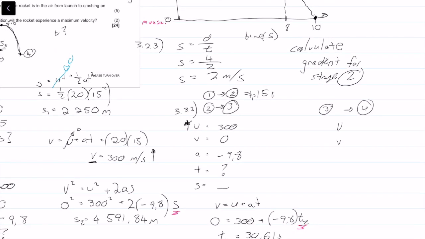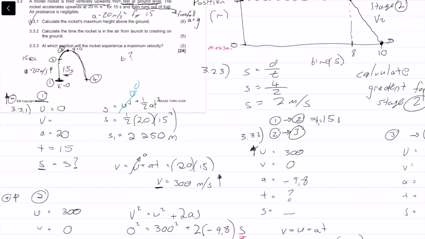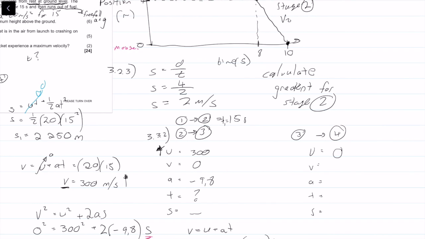UVATs. The initial velocity at 3 is going to be equal to 0. The final is an unknown. The acceleration we know is still minus 9.8. And we know the time is unknown, but we know the distance.